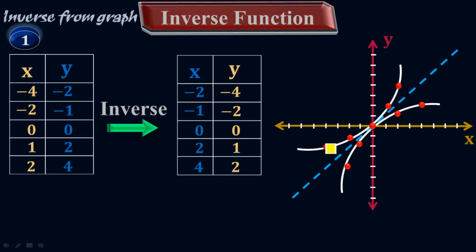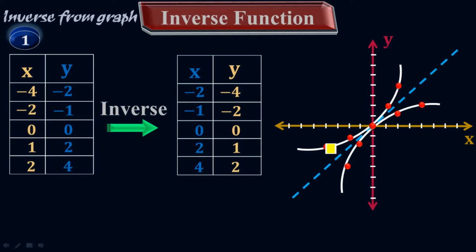Similarly, when you pick the third point here in the original function, at x equals -4 the function makes the point -2 along the y-axis. My x value is -4 and my y value is -2. At this point, my coordinate is -4 along the x-axis and -2 along the y-axis.